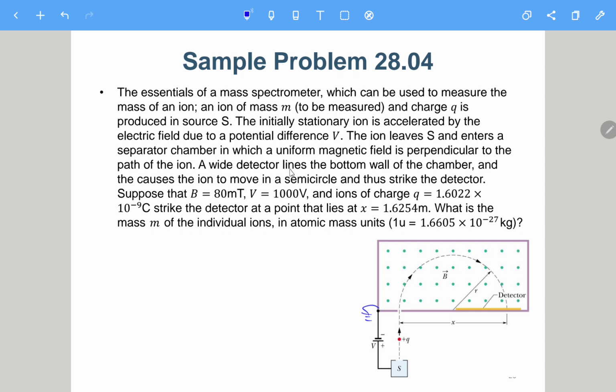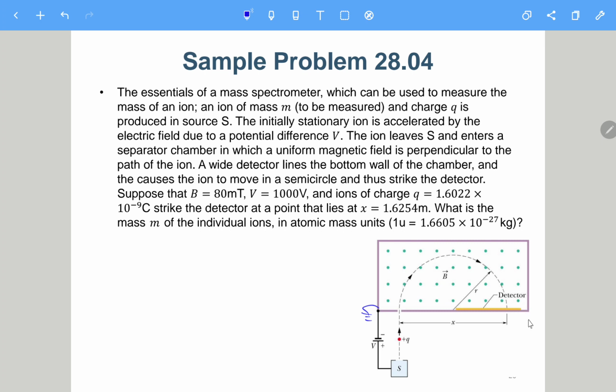A detector lines the bottom wall of the chamber, and causes the ion to move in a semicircle. Of course it should be a circular motion, but as it enters here, it will just move in a semicircle, and then there is just like a wall, and the charged particle will hit on this detector.